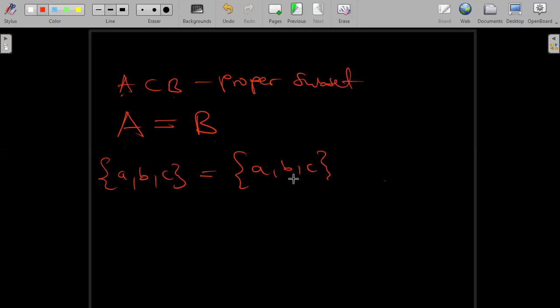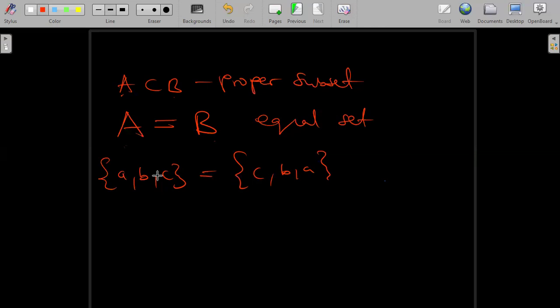Of course, the order in which I've listed them might change, like C, B, and A. These are the same, because they have the same number of elements and the same elements, so they are said to be equal sets.